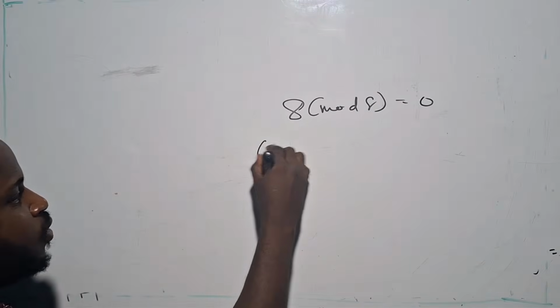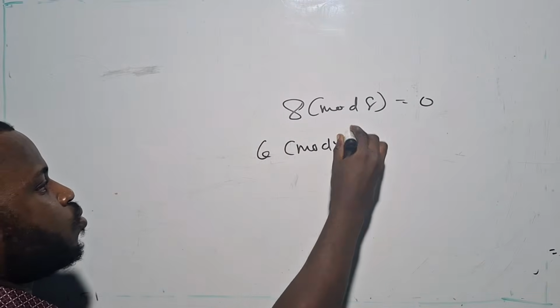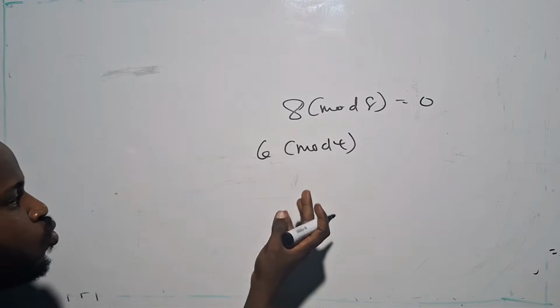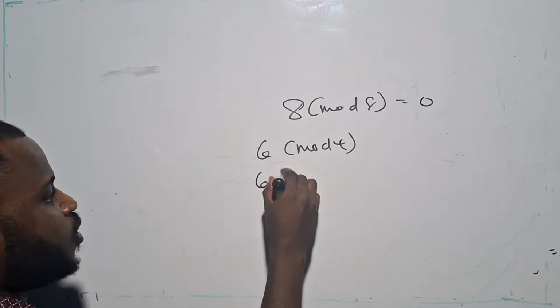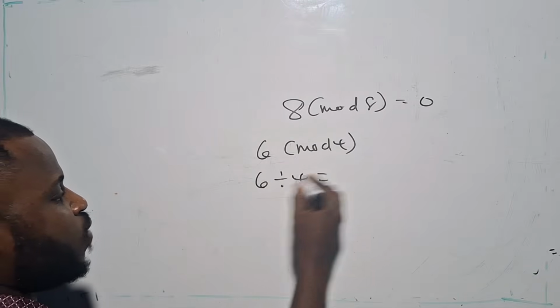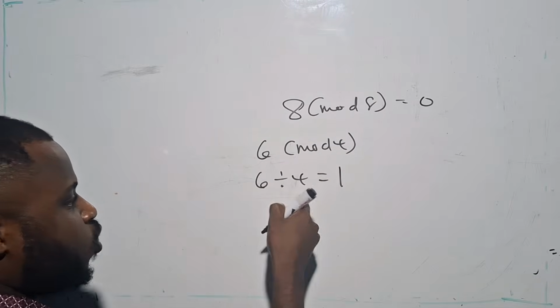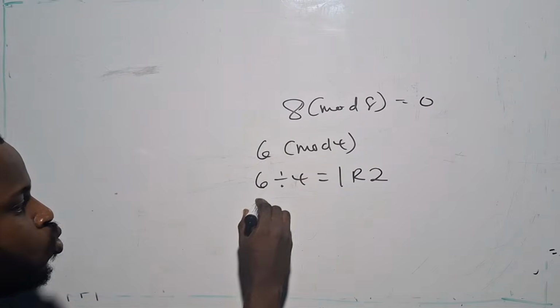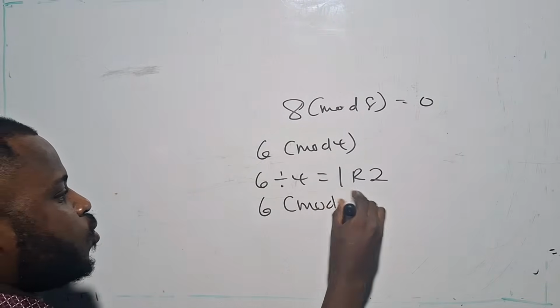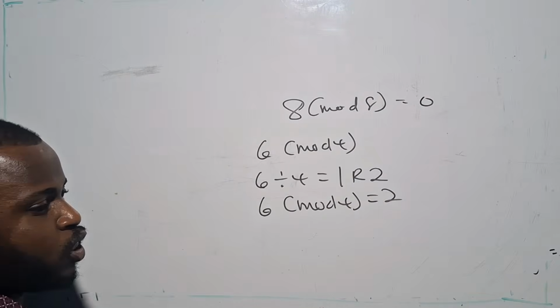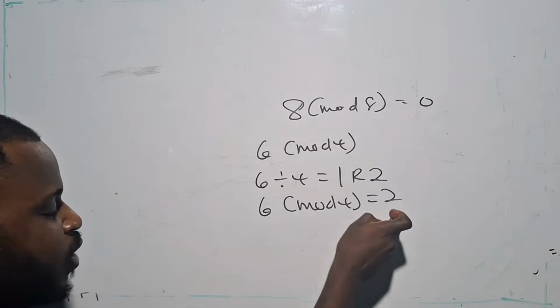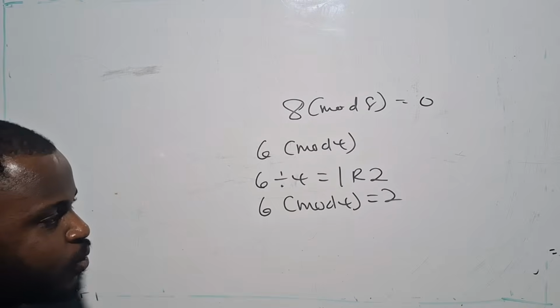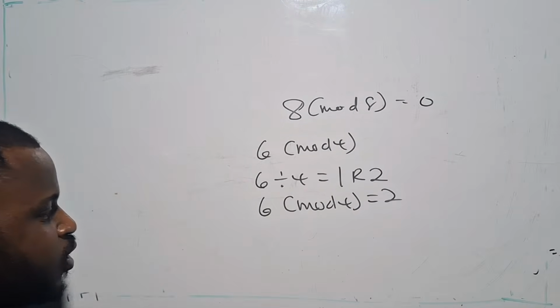For example, if I have 6 mod 4, using the division method, 6 divided by 4: 4 will divide 6 once, remainder 2. So anytime you are finding 6 mod 4, the answer is 2. If the answer is lesser than the modulo, it's accepted.